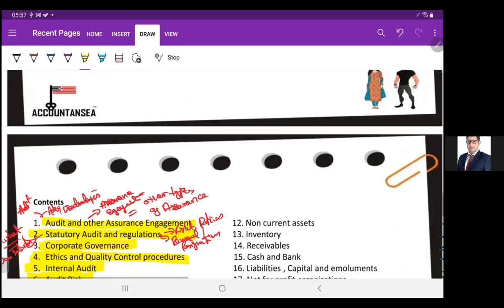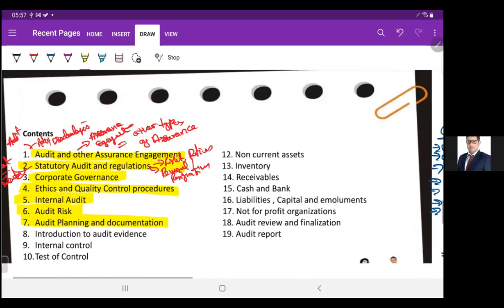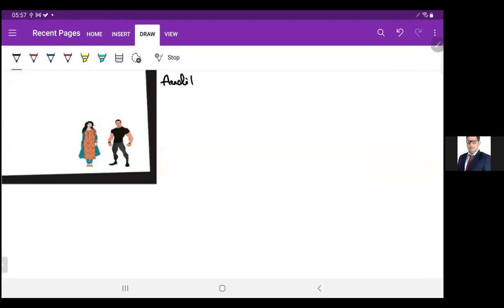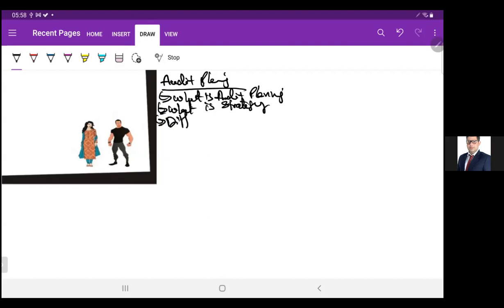In audit planning and documentation, we will look at what is audit planning, what is strategy, obviously audit strategy, and the difference between audit planning and audit strategy.